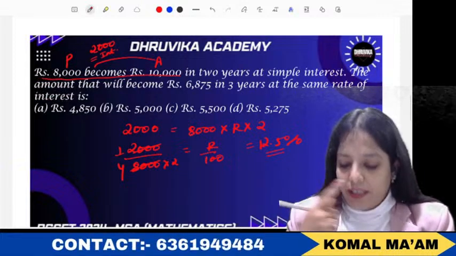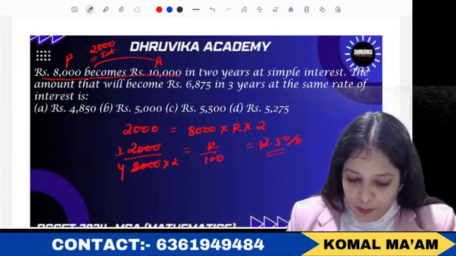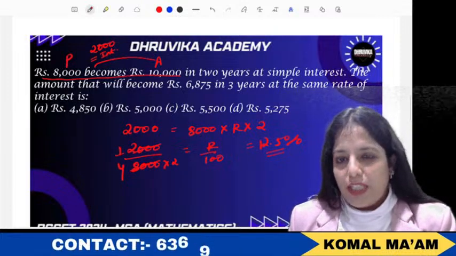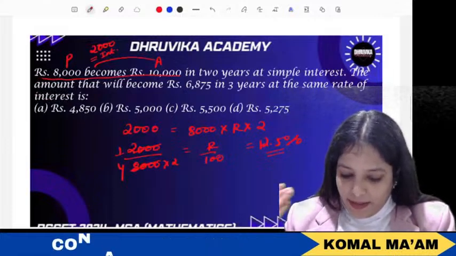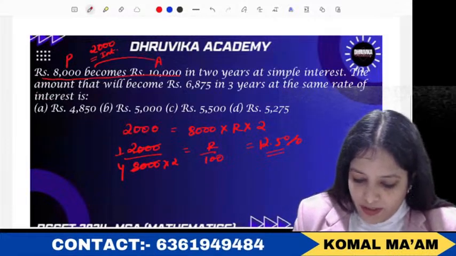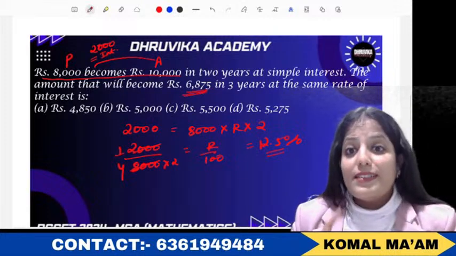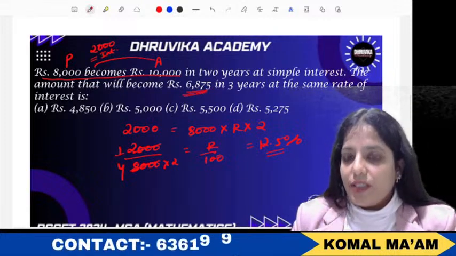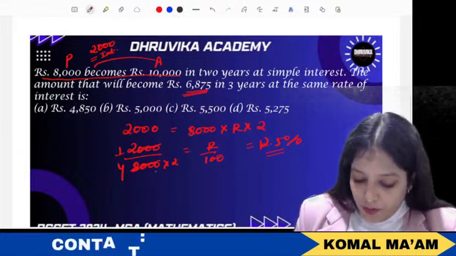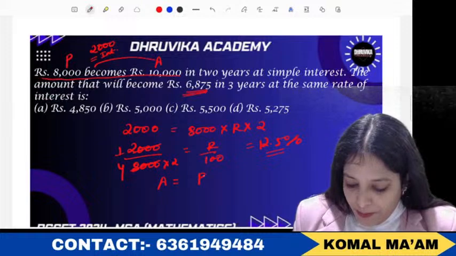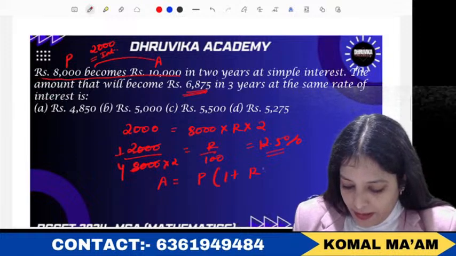principal. We have a second scenario. The amount that will become rupees 6,875 in 3 years at the same rate of interest is. What is this 6,875? This is amount that you'll get after 3 years. So we'll use the direct formula of amount that we derived in the beginning of the session, that is A is equal to P into 1 plus RT.